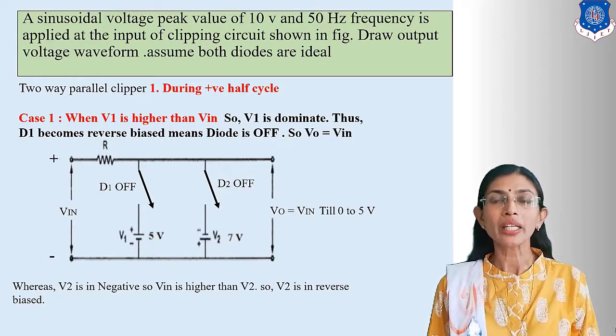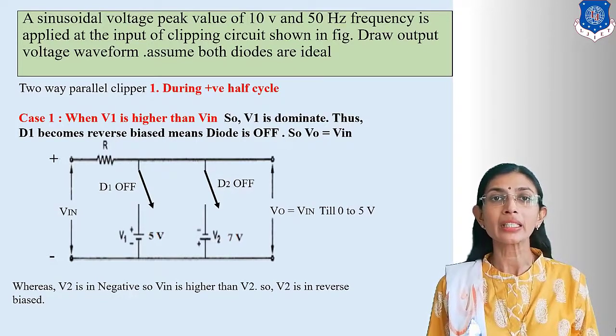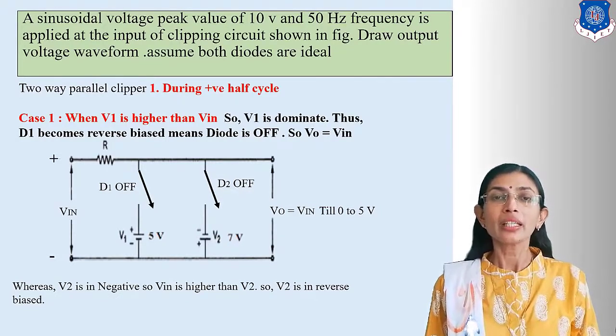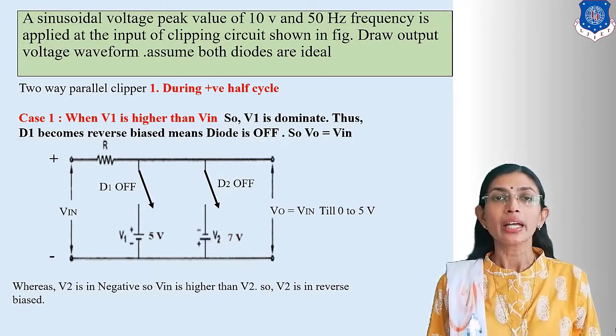During positive half cycle, case 1, when V1 is higher than V input, where V1 is V reference 1 and V2 is V reference 2, both diodes are reverse biased, open switch, because V1 is higher than V input, and initially V input is always less than the V reference DC level.